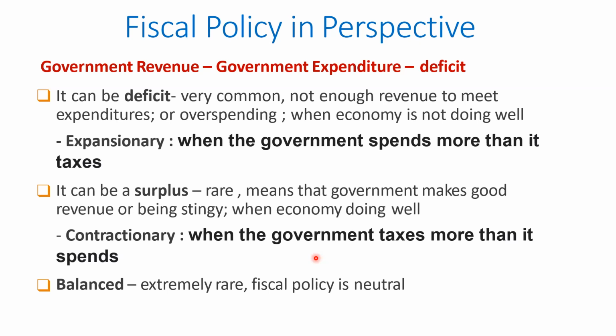Now we are facing all the difficulty. That means they used expansionary fiscal policies, but now to control it, we should use contractionary fiscal policies, where the government taxes more than it spends. That means they will try to contract.